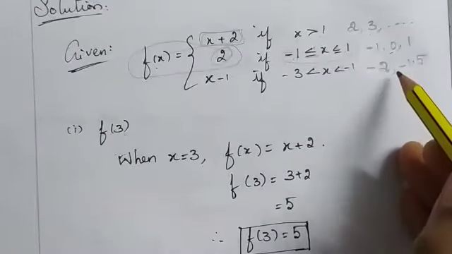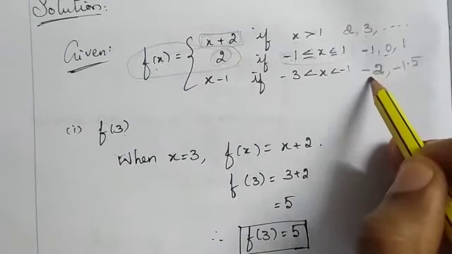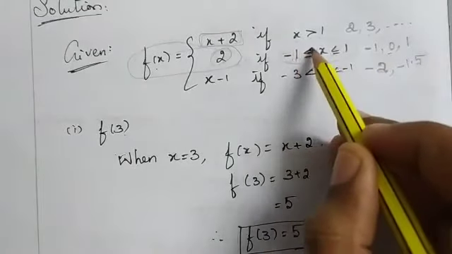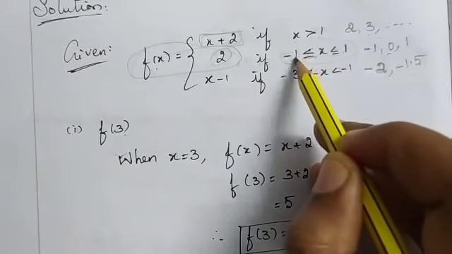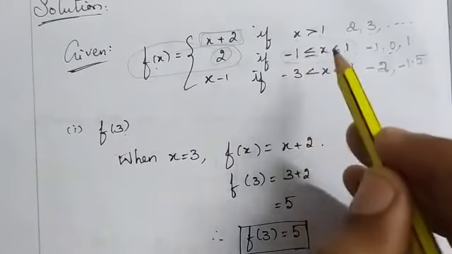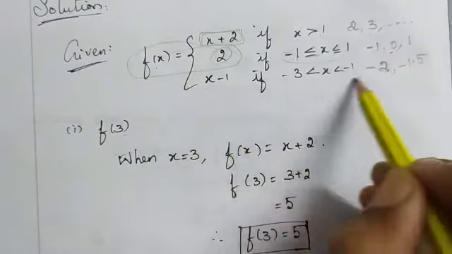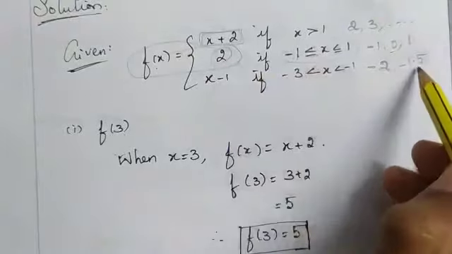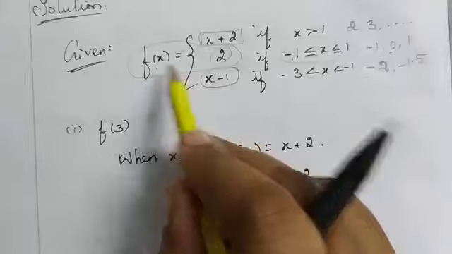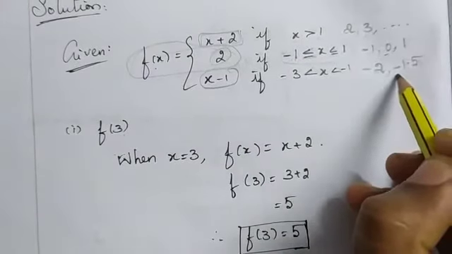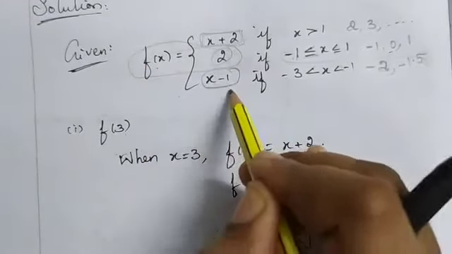Here, minus 1 less than or equal to, therefore, up to minus 1. After minus 1, that is minus 1.1, minus 1.2 are present in the third line. Therefore, the formula for minus 1.5 is x minus 1. When x is equal to minus 1.5, f of x is equal to x minus 1.